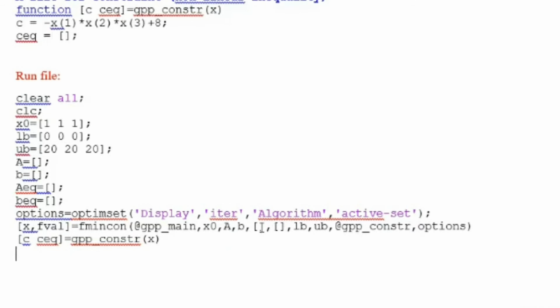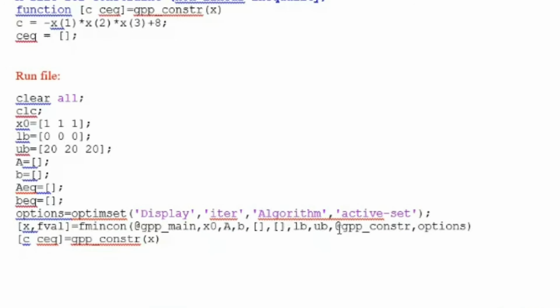Even we can write AEQ, BEQ here. Since all these things are declared initially, as per the general syntax we can write all the input arguments continuously. Before that, we have to declare each and every input argument, whatever is applicable.